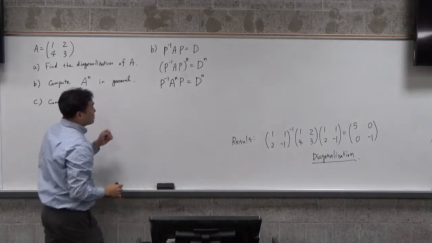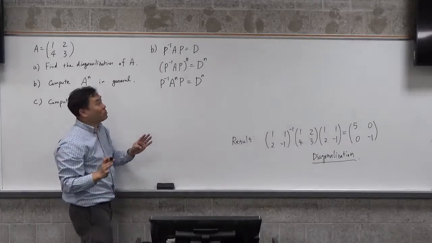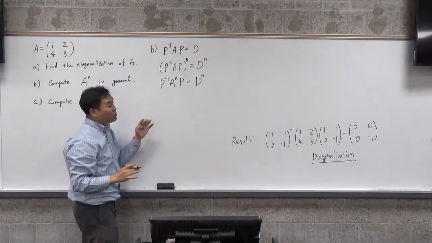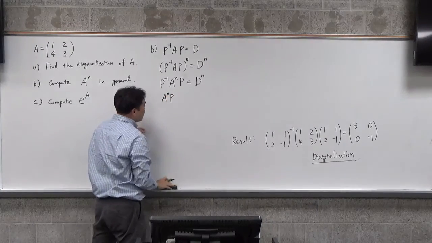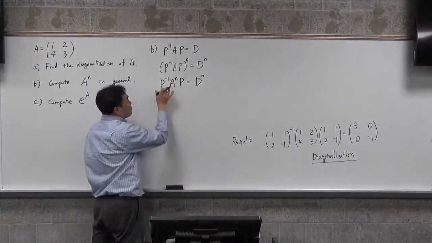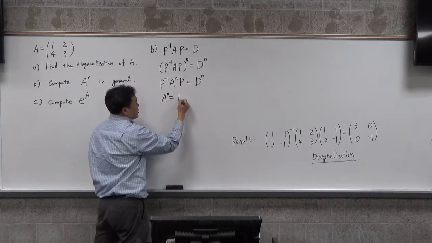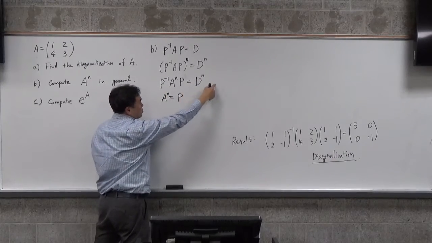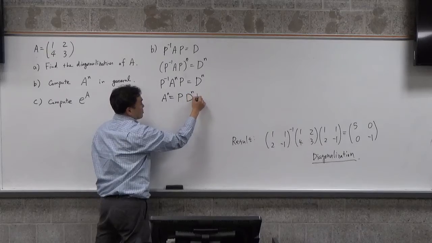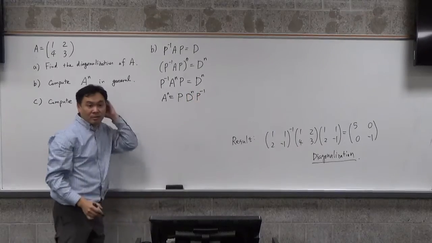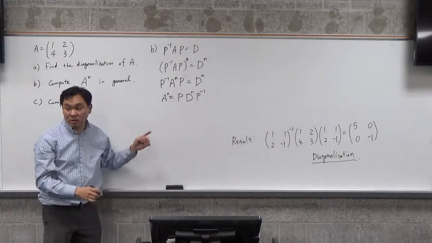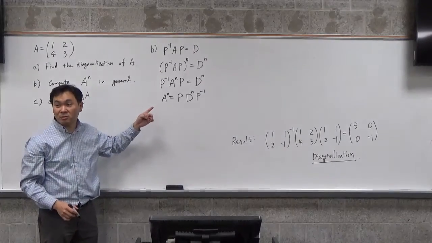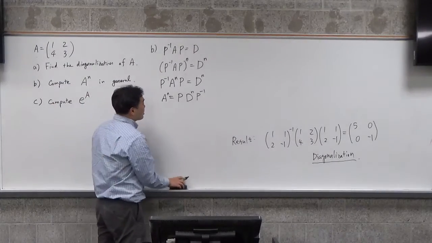And therefore, this will always be true. Once you have a diagonalization, this is always true. You can move this P inverse to the other side as P, and P to the other side as P inverse. Is this okay? Should I show you the intermediate parts? I think you're okay, but let me just show you.